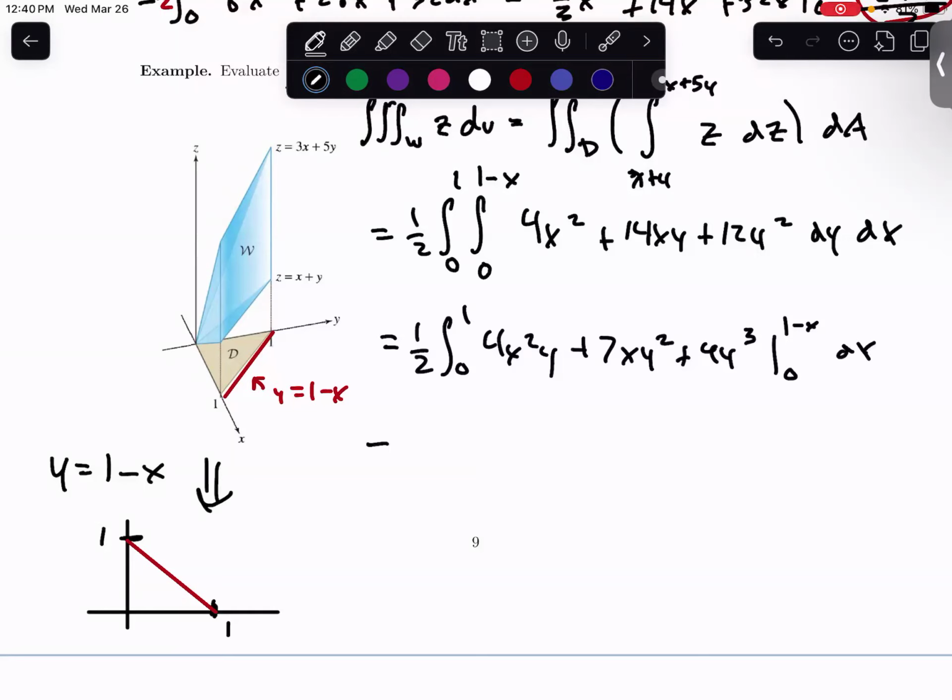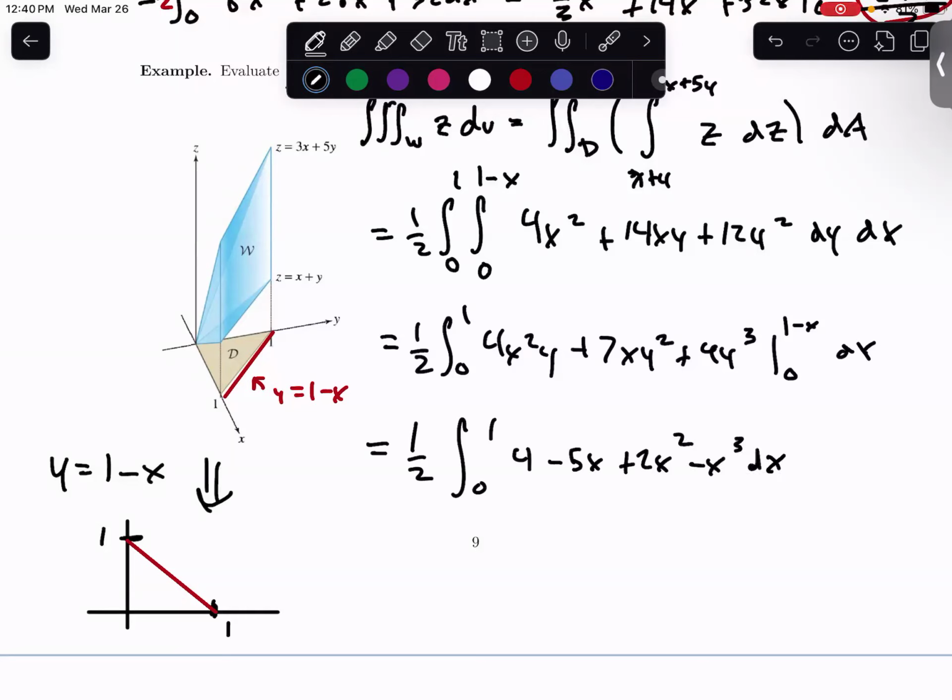And then you plug those terms in. I'm kind of tempted to just skip all this. So this is 0 to 1. This ends up being 4 minus 5x plus 2x squared, oops, 2x squared minus x cubed dx.